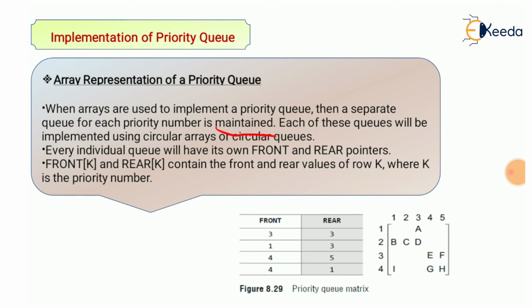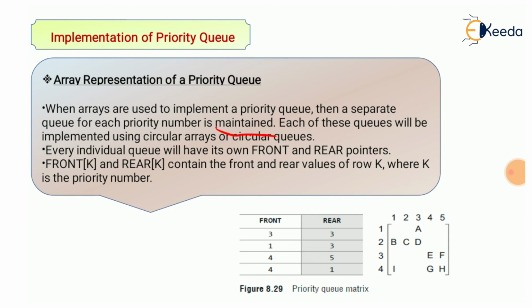So here we are inserting and deleting elements by considering the priority number, and for each priority we create an individual queue, and we perform various operations, that is insertion and deletion, on the priority queue.